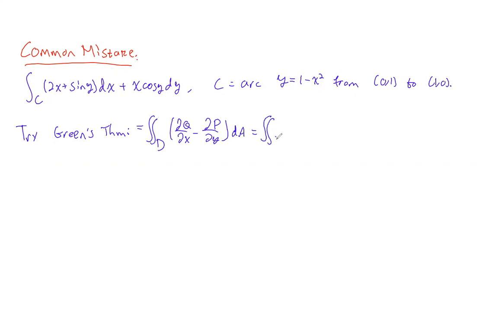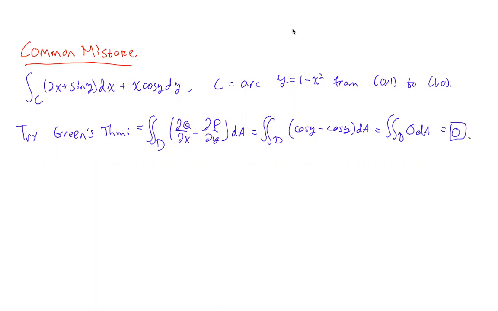That's the double integral over D of del Q del x, which we said is cosine y, minus del P del y, which is again cosine y, dA, which is the double integral over D of 0 dA.